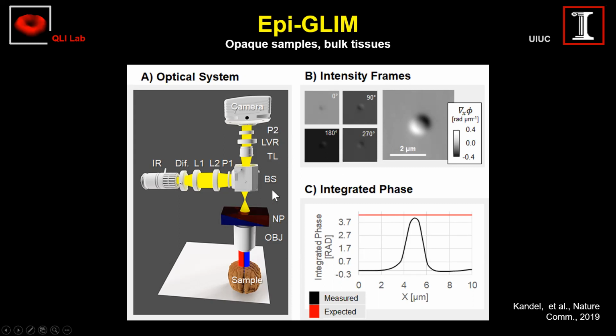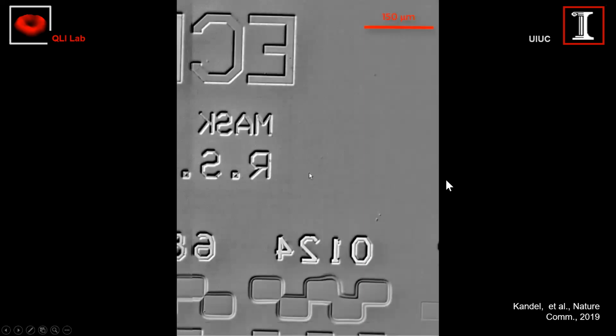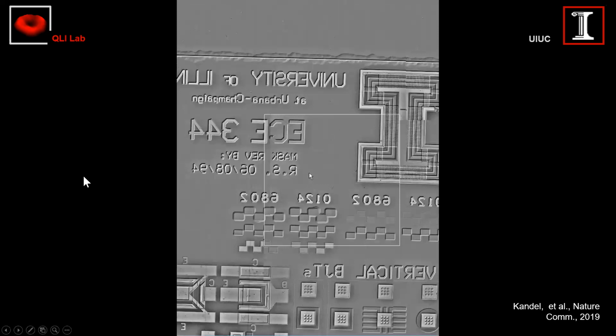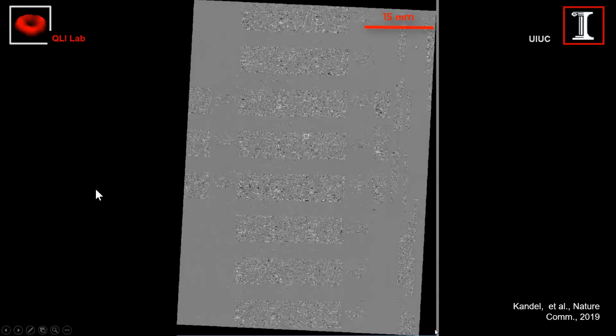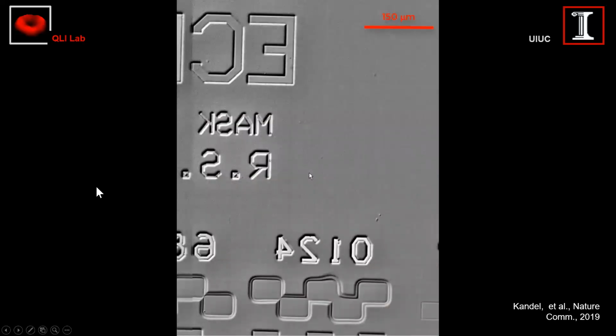The idea is the same. You have a modulator. We managed to actually make it smaller and less expensive, but that's kind of a detail. But the exact same idea, 4 frames, gradient, you can integrate it. But look at this. We're able now to image semiconductor wafers. So this is the ultimate kind of opaque system, right? No visible light goes through silicon.